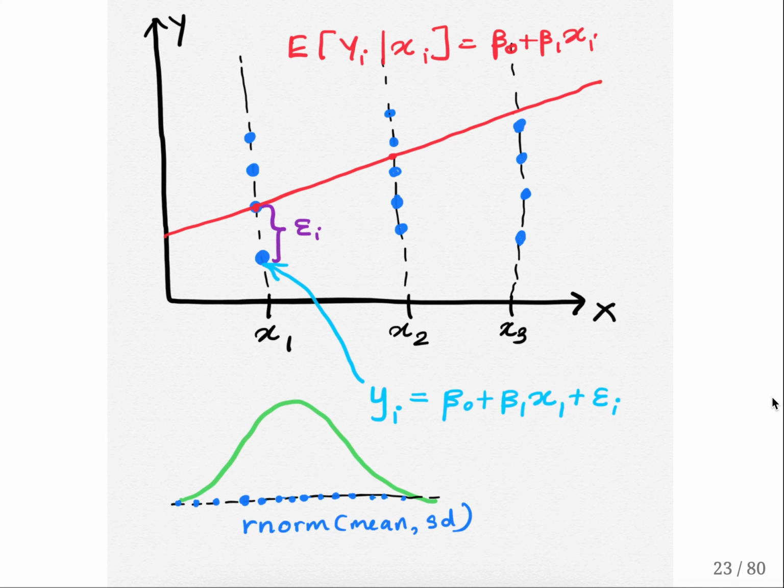Let's move to the next slide. Same figure, I just removed the normal distributions from the diagram. This is the true regression line. And this is an observed value. This is equal to the mean of the distribution plus the error term.